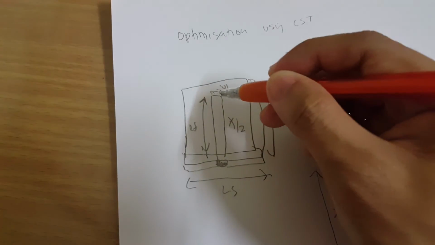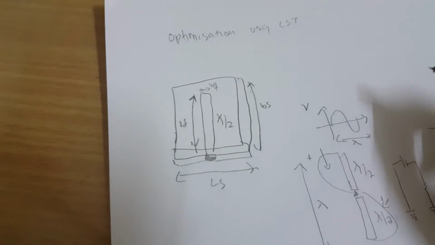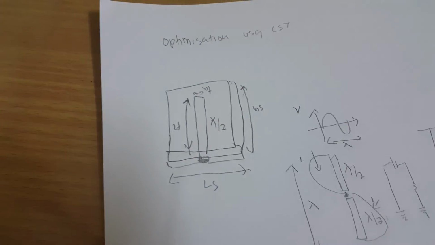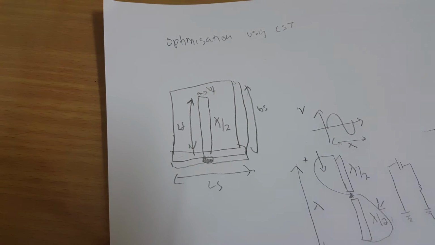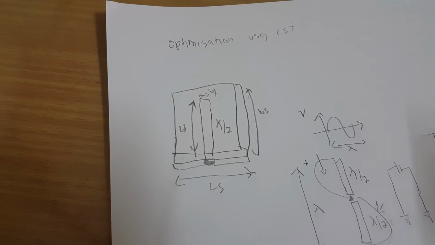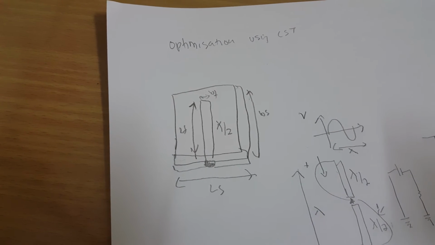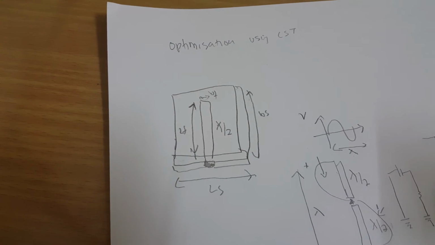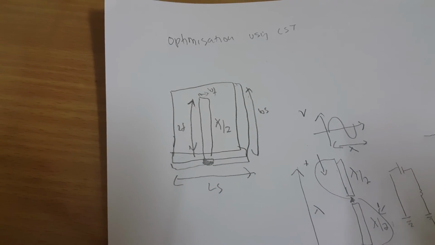If we use this in terms of parameters, then we can optimize in CST on particular dimensions to achieve a certain target.